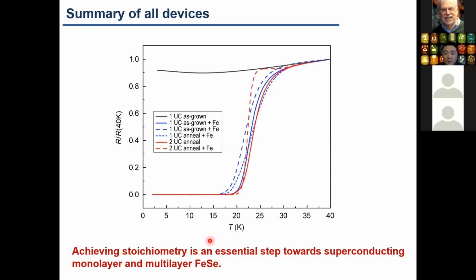Oh, could I ask a question? Sure. You mentioned that TC was very low in the bulk iron selenide. Is the bulk iron selenide stoichiometric, or is it also missing iron? So right now, people have been making 1-to-1 bulk samples.